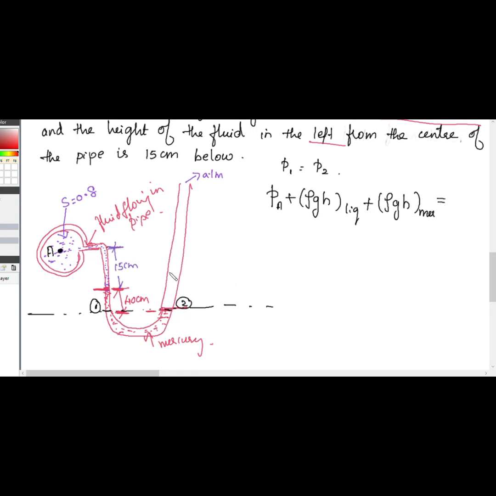See, above the datum line there is no liquid, that's why pressure at 2 will be equal to 0.